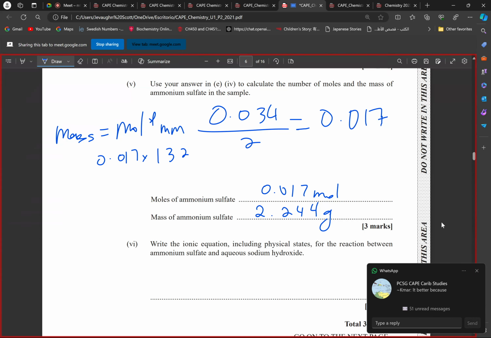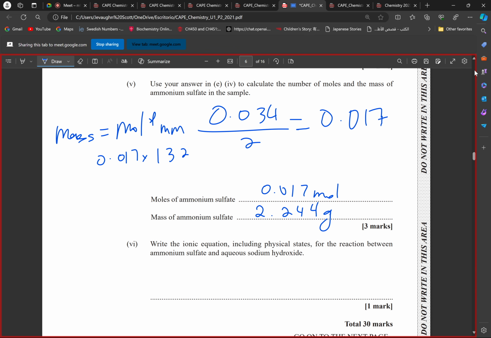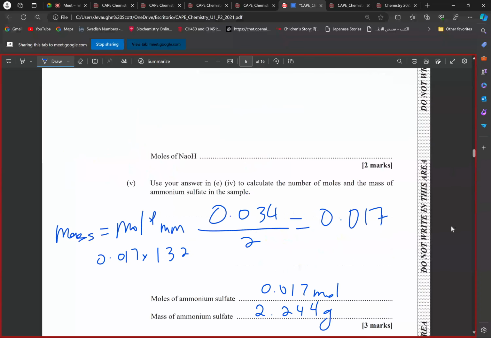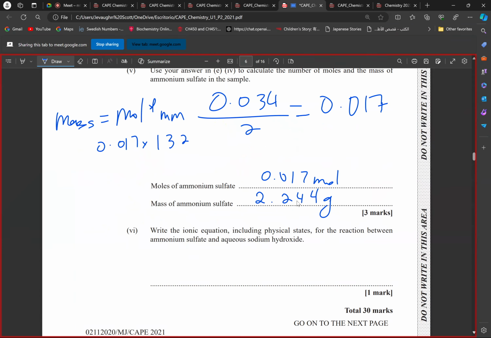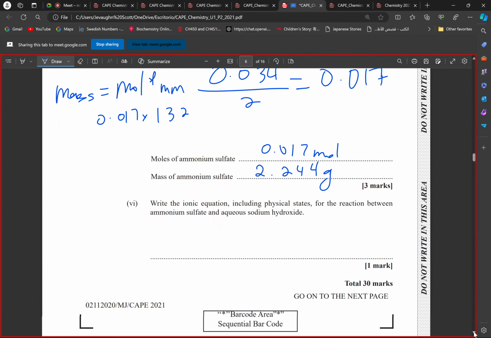Hold on. What did you do to find the number of moles of sodium hydroxide? Okay, it's me. I left off the 0 in front of the 0.168. Sorry. Okay, no problem. Never say sorry, in this context.